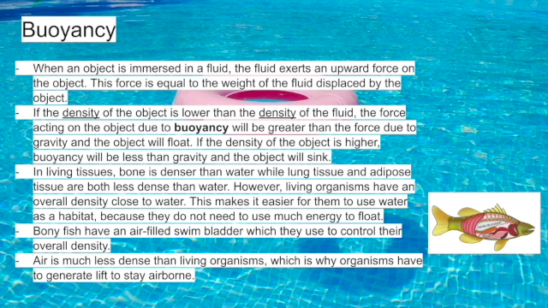So air is much less dense than living organisms, which is why organisms have to generate lift to stay airborne. So, for example, birds, they need to kind of push themselves down to be able to fly. And that's because they're way denser than air.